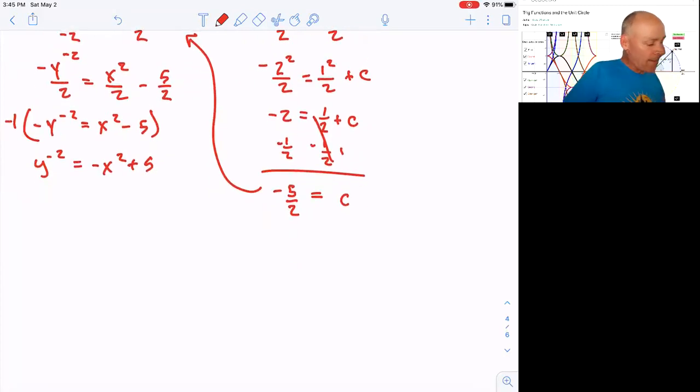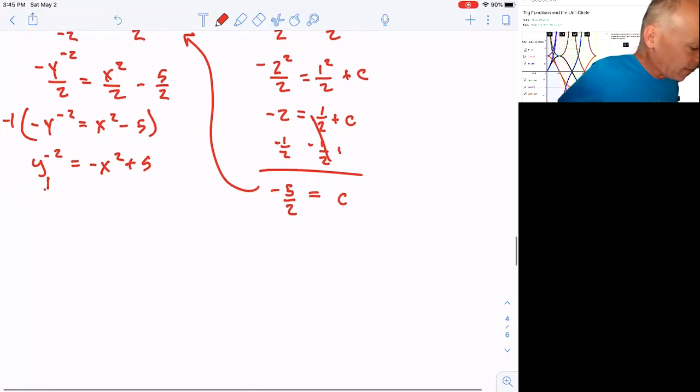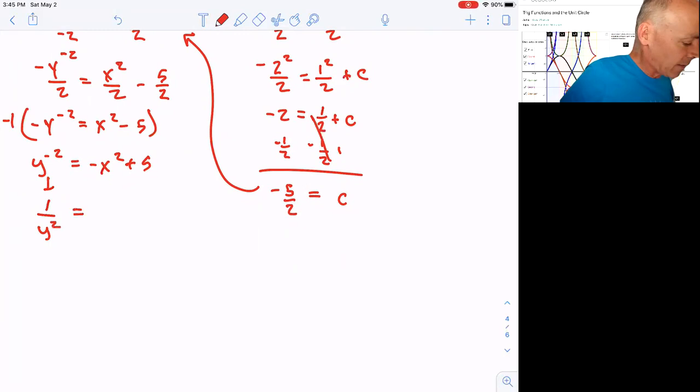Okay, now, what I can really do in one step, and this is why it's fun understanding rational exponents, I just want y, right? Let me go the long way on this one because I don't want to mess you guys up. So I would rewrite the left side of my equation as 1 over y squared is equal to negative x squared plus 5.